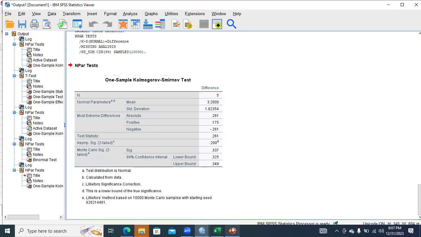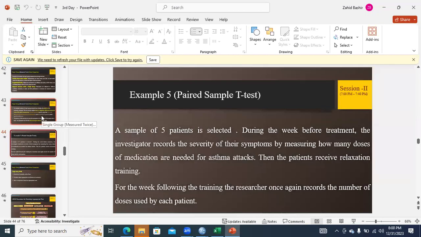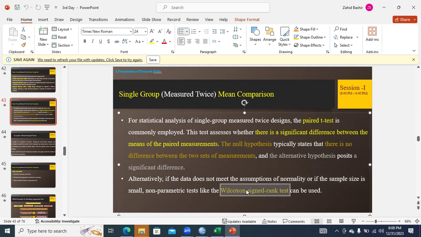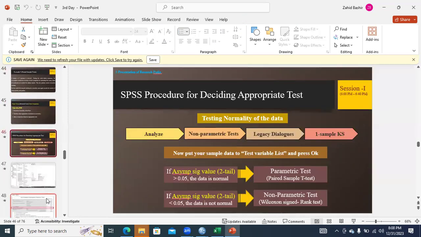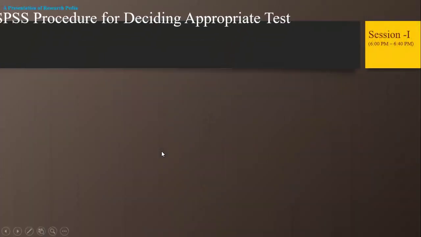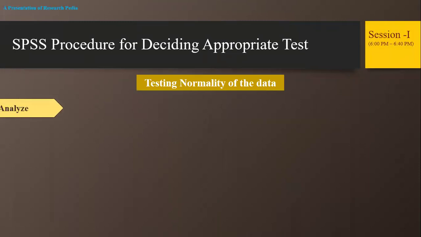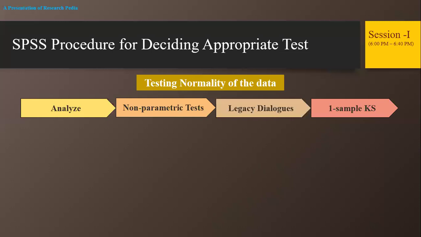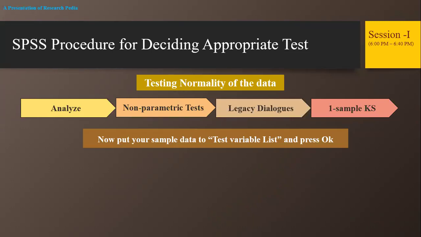I have told you that we have two options. If our data is normal, we need to go for the paired t-test, and if our data is not normal, we need to go to the Wilcoxon signed rank test. So here is the procedure that I am using in SPSS for testing the normality: analyze, non-parametric test, legacy dialog box, one sample KS, put your sample data into the test variable list and press OK.